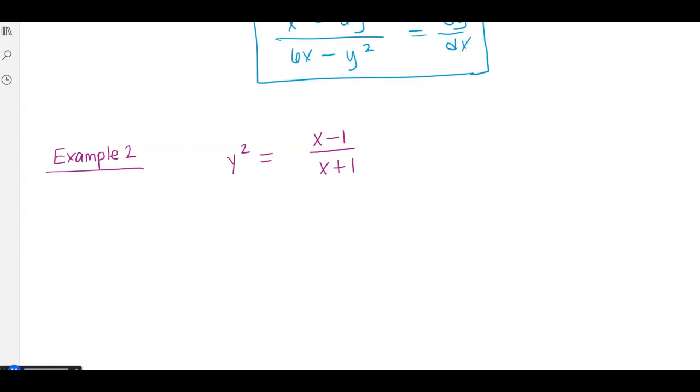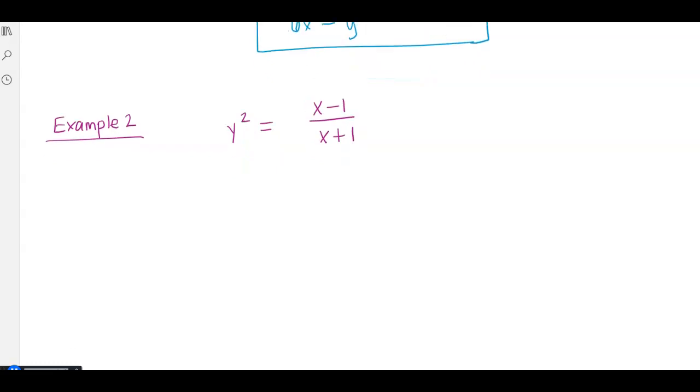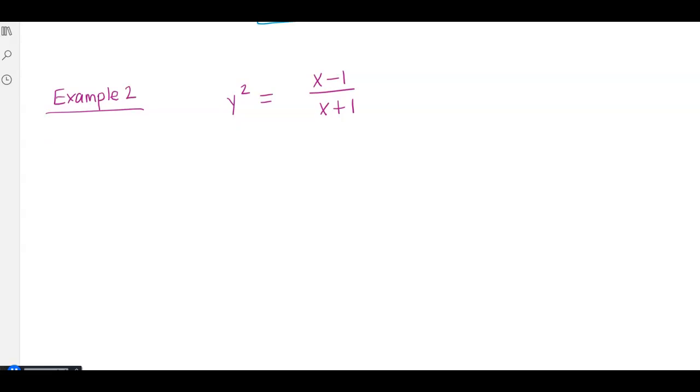Because this has a quotient in it, we're going to use the quotient rule on the right-hand side. On the left-hand side, we take the derivative and we have 2y, and we tack on dy dx because we've taken the derivative of the variable that's not the one we're taking the derivative with respect to. So dy dx gets tacked on.